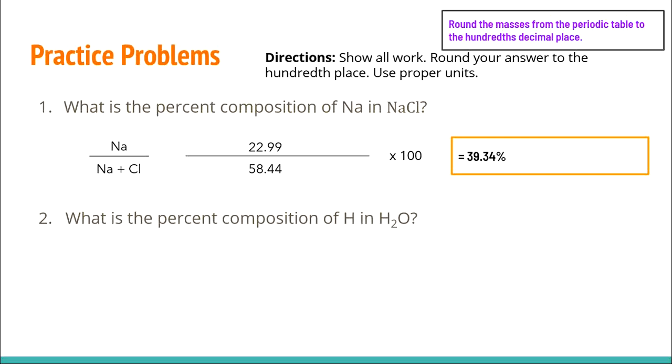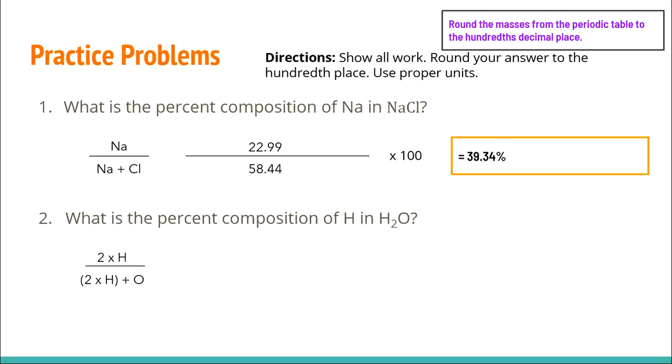Number 2. What is the percent composition of hydrogen in H2O, in water? Now think about this. How many hydrogens do we have in water? We have 2 hydrogens. So we put 2 hydrogens on top and the entire compound on the bottom, so 2 H's plus an oxygen. So let's look up the masses on the periodic table and set that up.